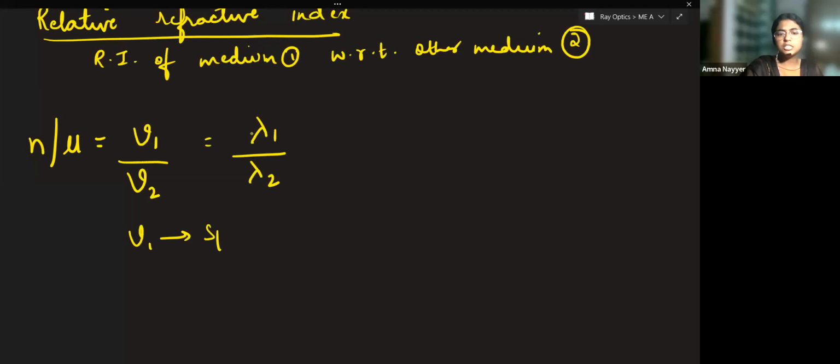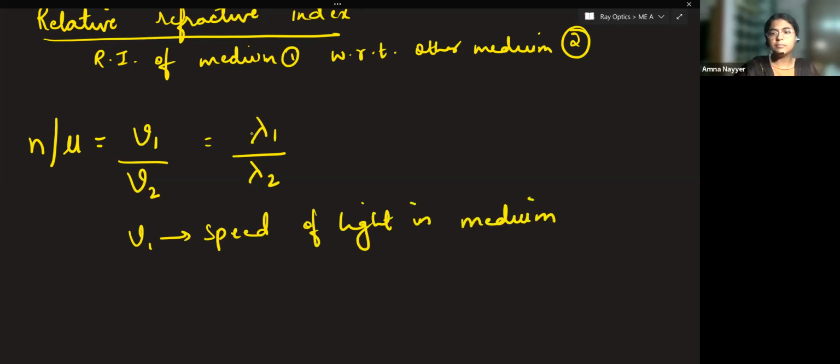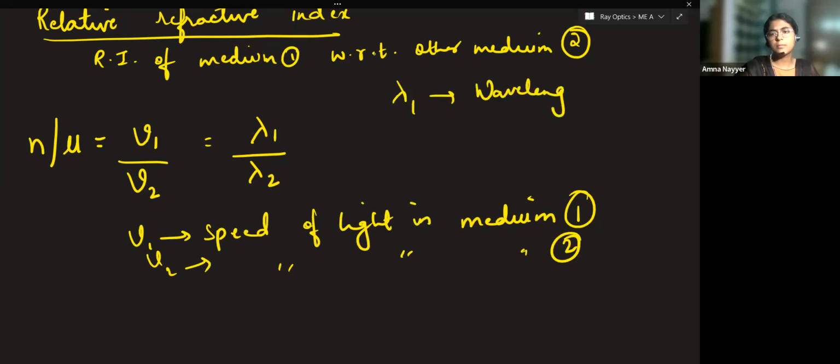V1 is the speed of light in medium 1. Similarly, V2 is the speed of light in medium 2. Lambda 1 is the wavelength in medium 1. Lambda 2 is the wavelength in medium 2. Here you are not talking about air.